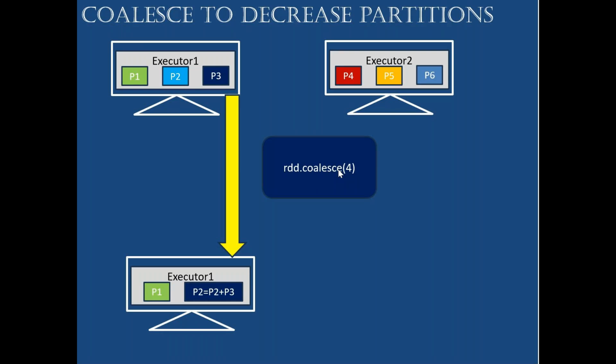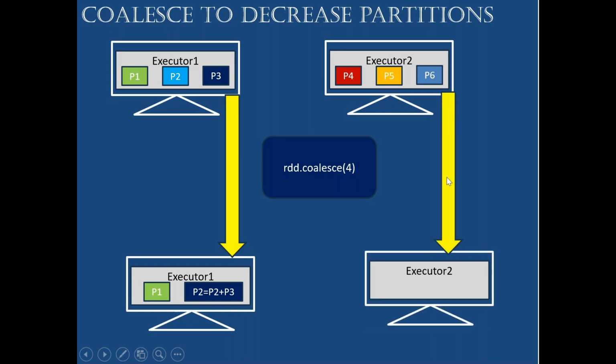In the first computer, the data will stay in the first computer, and P1 will be there as it is. As P3 is extra, that P3 will be added to P2 to create the P2 partition. Here also, P5 is kept as it is, and P4 plus P6 are combined to create P4. Now this is how Coalesce is going to reduce the partitions.